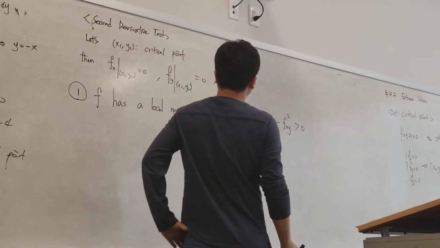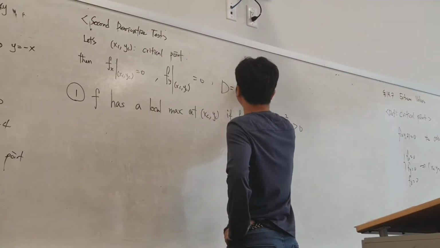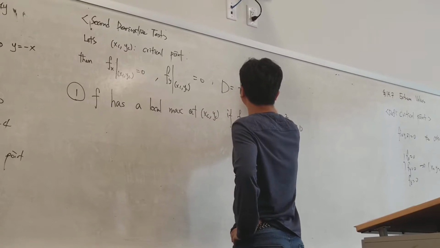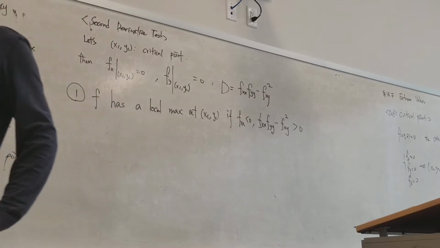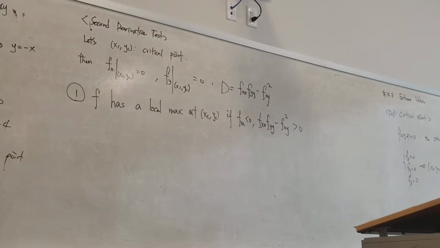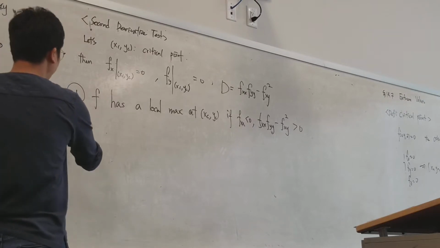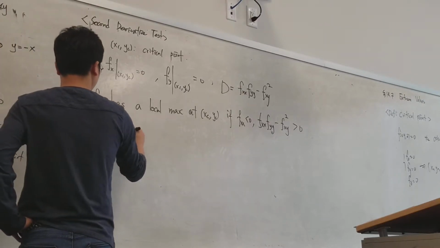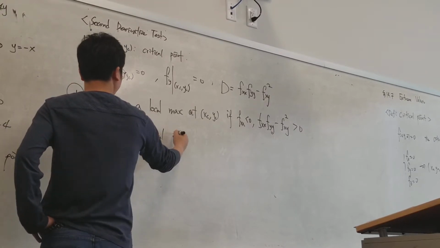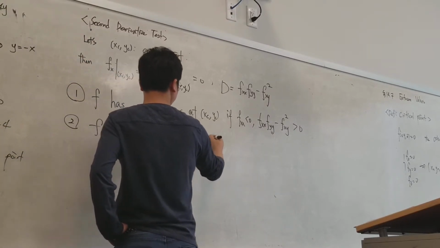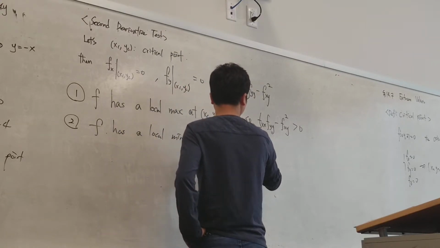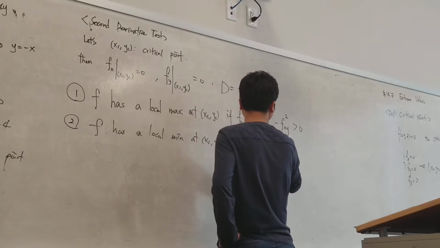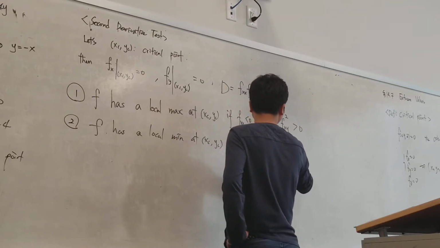So let's say my discriminant D is f_xx times f_yy minus f_xy squared. You guys know what this means? The second partial derivative at the given point. This is what we call D. Number 2, local minimum at this critical point, if now let's change this one to positive. And same thing, the D value should be positive.